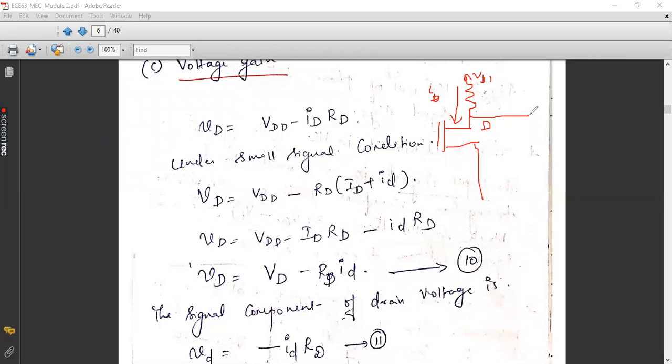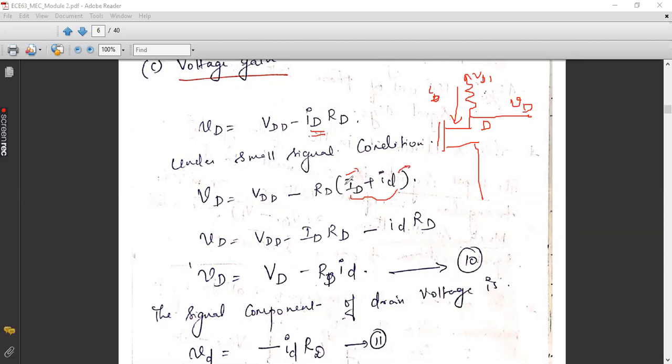After applying Kirchhoff's voltage law, we can write the expression for the total drain voltage, which is equal to the total supply voltage minus the drop across RD. The drop across the drain resistance is given by iD RD. So VDD minus iD RD can be written as vD. Now iD is the total current, which is the sum of DC current and AC current.